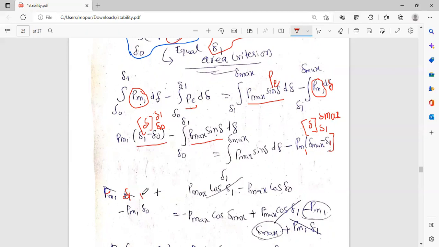Here it is downside. Plus P max is constant and the integration of sin del is minus cos del. So this minus, and here integral of sin del is minus cos del, that minus is compensated. So we'll get plus P max cos del 1. Actually cos del, what we will get? Minus cos del.